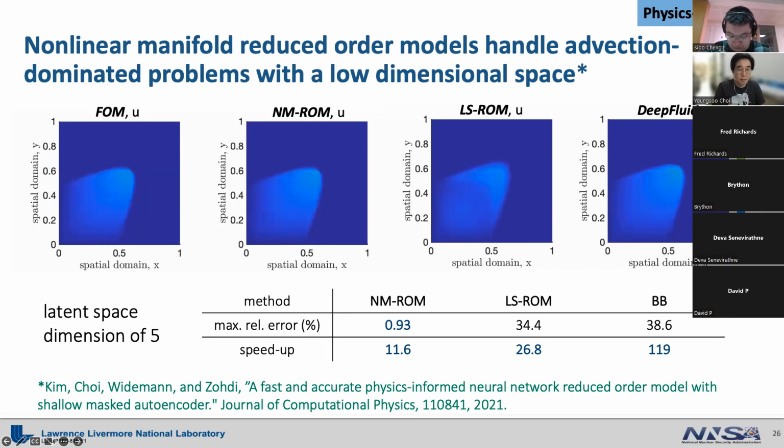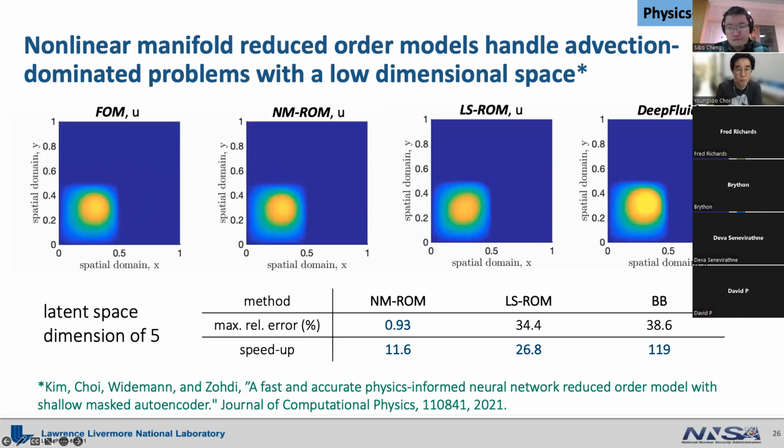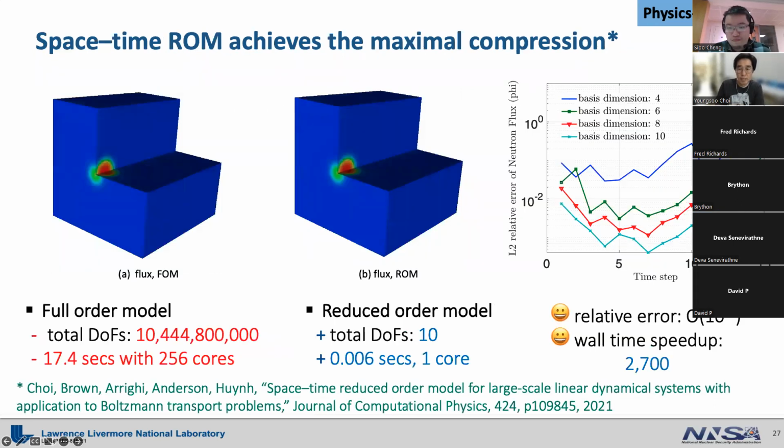So yes, definitely, if you use the physics-constrained method, then you will get better extrapolation capability. For example, I have not shown the results, but I have results for these problems for extrapolation.